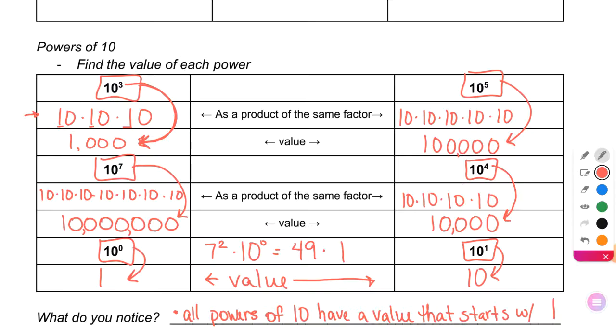So I'm going to go up a little bit, and we're going to write in the other thing we noticed. So I want you to write in, on the second line, the exponent tells how many zeros are in the value.